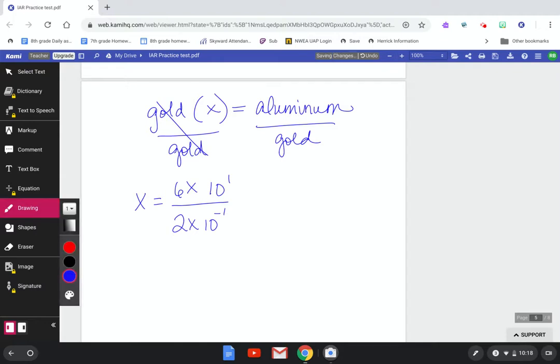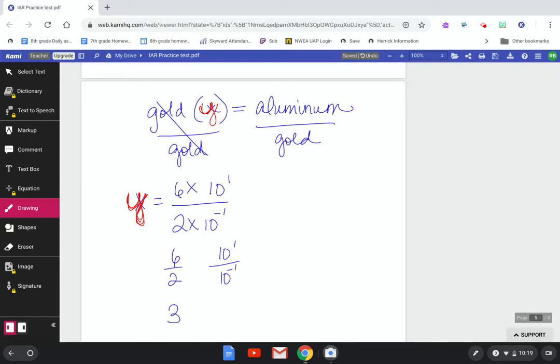And maybe just because scientific notation uses an x, maybe we'll write this as y, so it's not confusing, because otherwise 2 x's. All right, so here we can look at this as 6 divided by 2, which is 3, and 10 to the first power divided by 10 to the negative 1 power. So here you subtract.